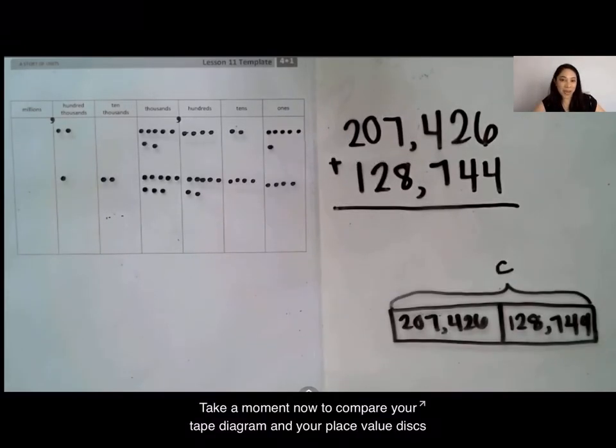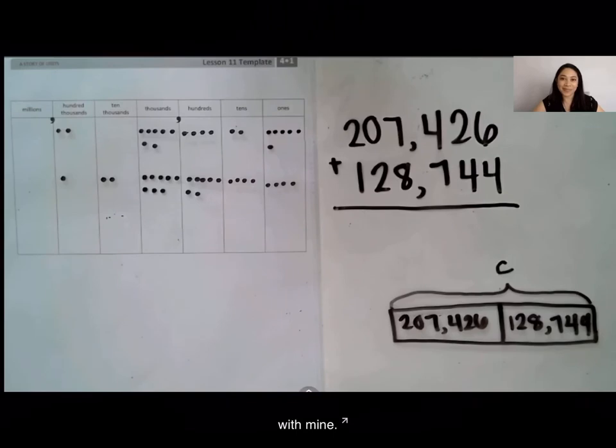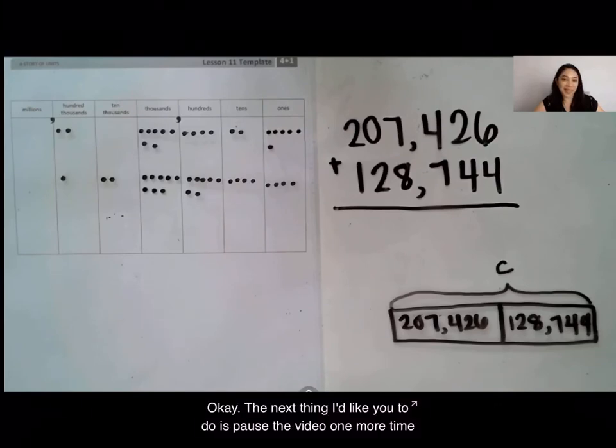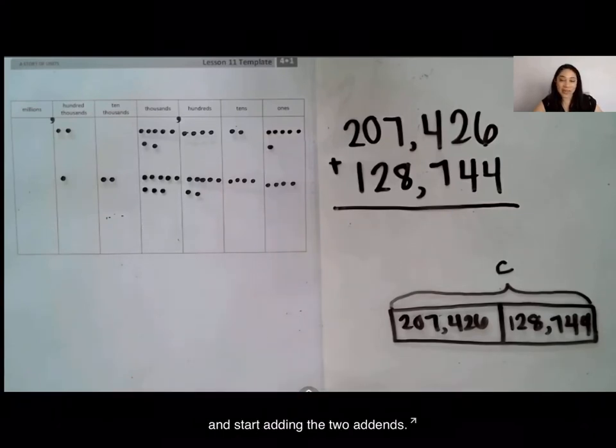Take a moment now to compare your tape diagram and your place value discs with mine. Okay, the next thing I'd like you to do is pause the video one more time and start adding the 2 addends. We'll compare our work afterwards.